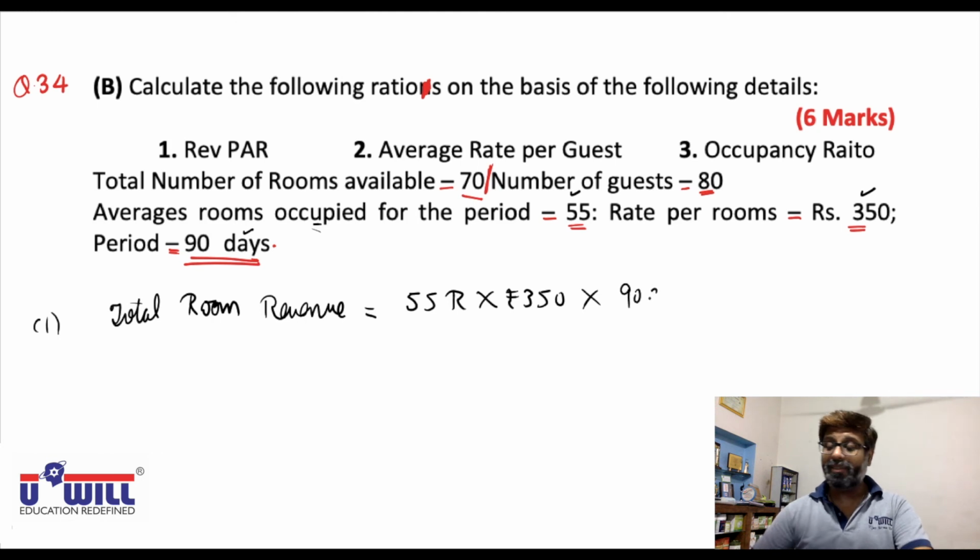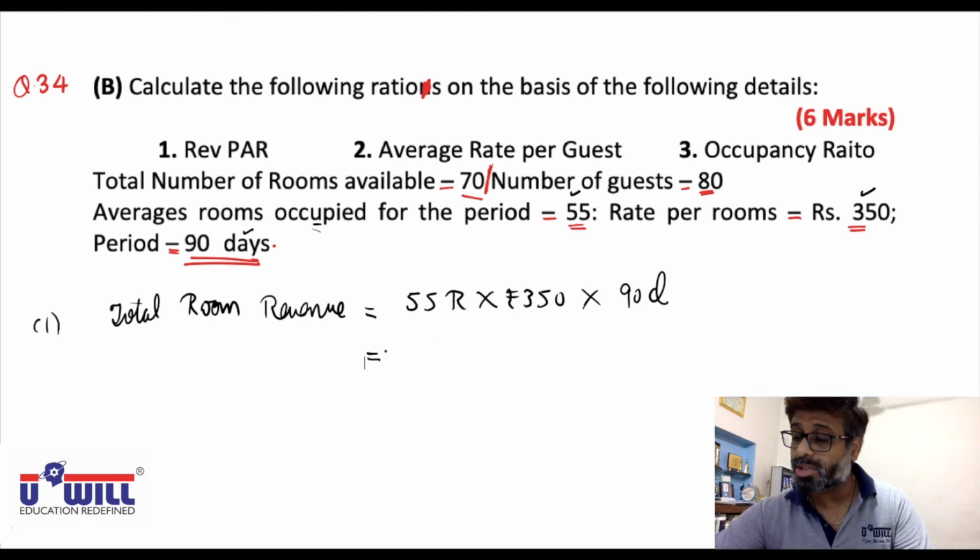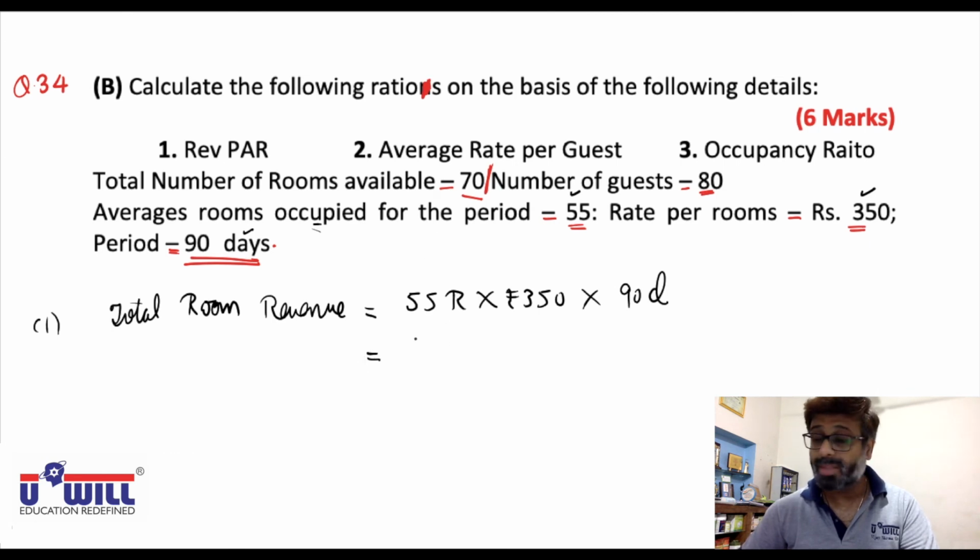So what is the total revenue you earn from all the rooms which are sold? 55 rooms into 350 per room is the charge into 90 days. So total room revenue comes to 17,32,500.